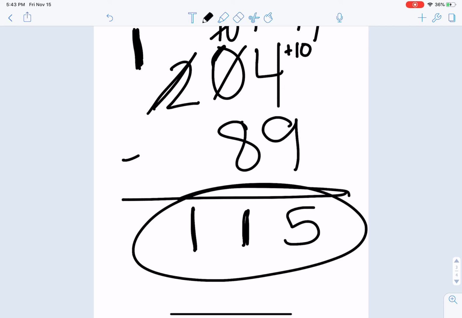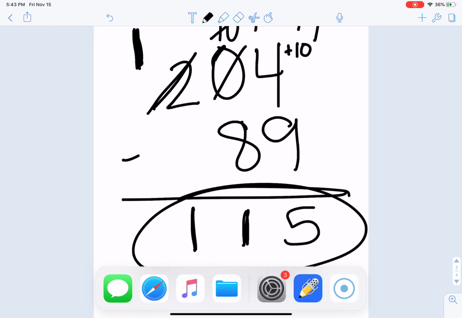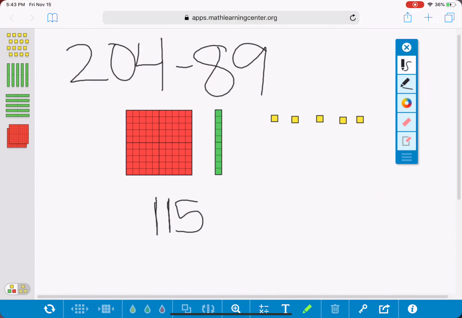So when looking back at the problem of 204 minus 89, we can see that there are multiple ways to solve the problem. Starting at second grade, students would have the ability to solve the problem using either virtual or perhaps physical base-10 manipulatives, where they can actually see how the pieces are being moved around and taken away.